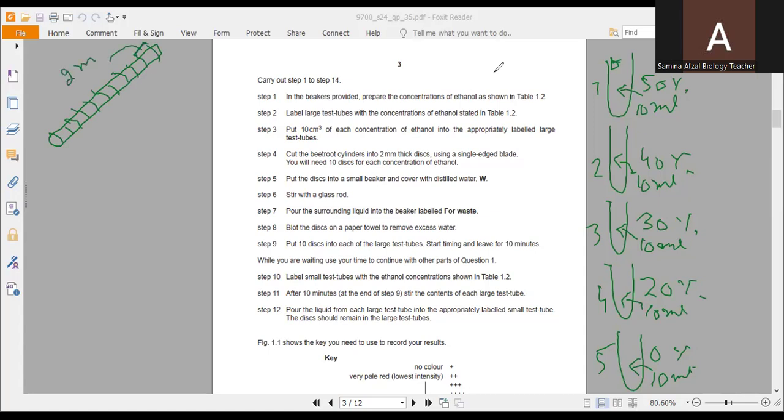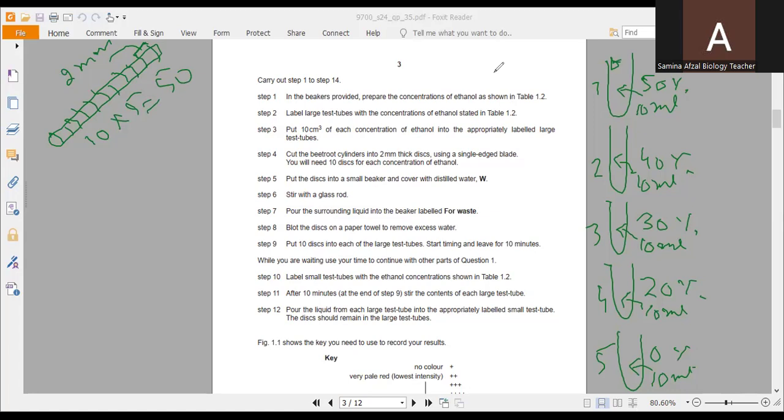Each disc should be 2 mm thick. So you will need 10 discs for each concentration, 10 into 5, total 50.